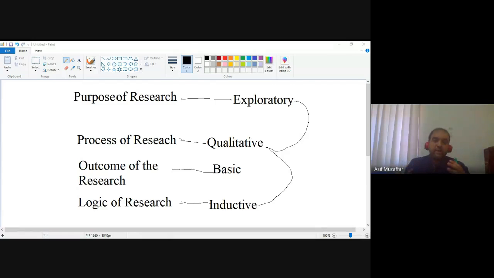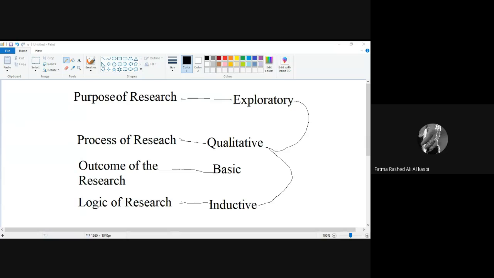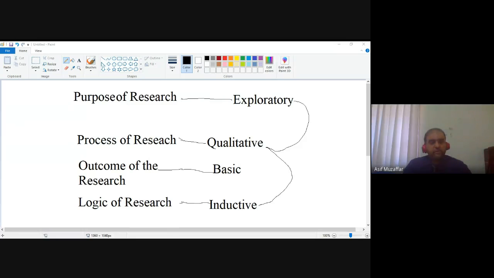So it should be inductive. That means a bottom-up approach. That is for sure. Is it okay? Yes, you have raised good questions.